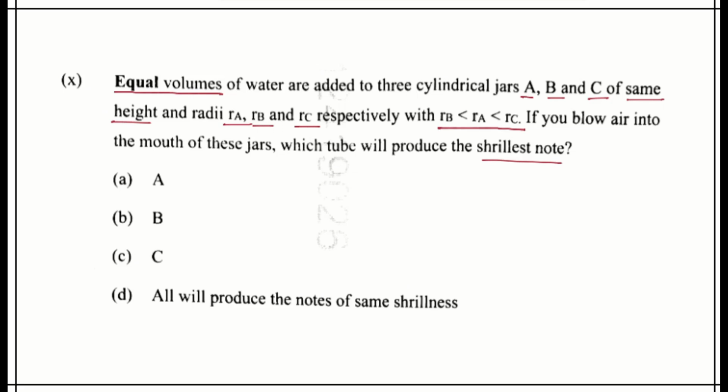So in this case we know that shrillness is related to frequency, and frequency is inversely proportional to the length of the air column above the water. So in this question, 3 cylinders A, B, C of the same height are taken but of different radius. So let us draw that.